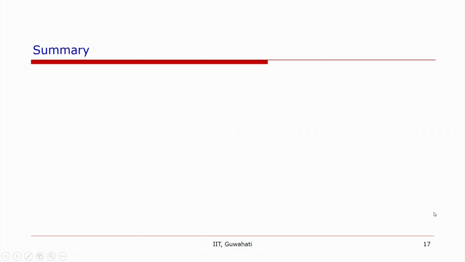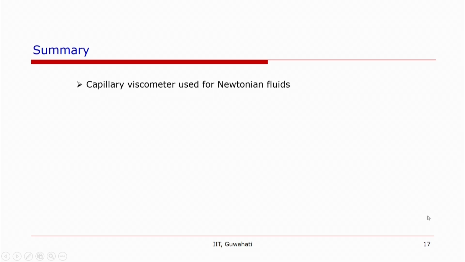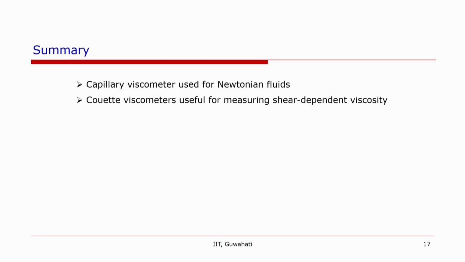So in summary, in this lecture we have looked at the capillary viscometer, the coaxial or co-axial flow viscometer, and the cone and plate viscometer. The capillary viscometer is very simple, easy to use, and it can be used very accurately for measuring the viscosity of Newtonian fluids, but it is not useful for measuring the viscosity of non-Newtonian fluids because the shear stress varies with radius.